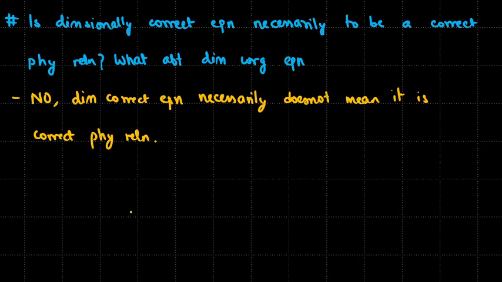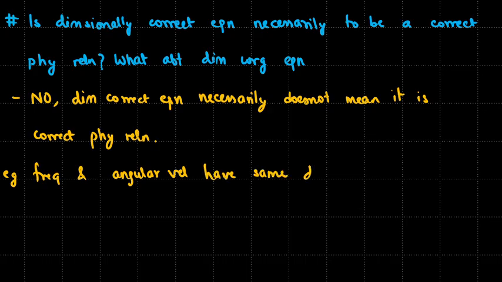So let's not take complex equations. Let's just take a simple thing. For example, frequency and angular velocity have the same dimension, which is T minus 1, but their units are different.